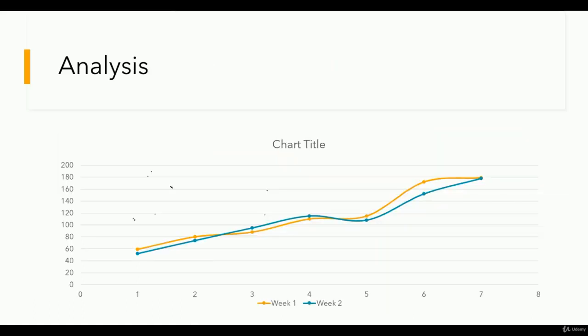This is an analysis of the chart. I just put the values which were shown in the last diagram. Below you can see the days 1, 2, 3, 4, 5, 6, 7. That is 7 days. And the values on the vertical axis are 0, 20, 40, 60, 80. That's a graph I have made, and there are week 1 and week 2.